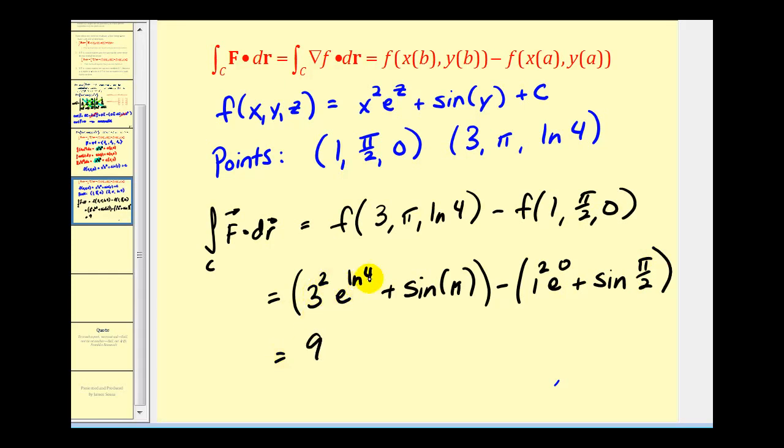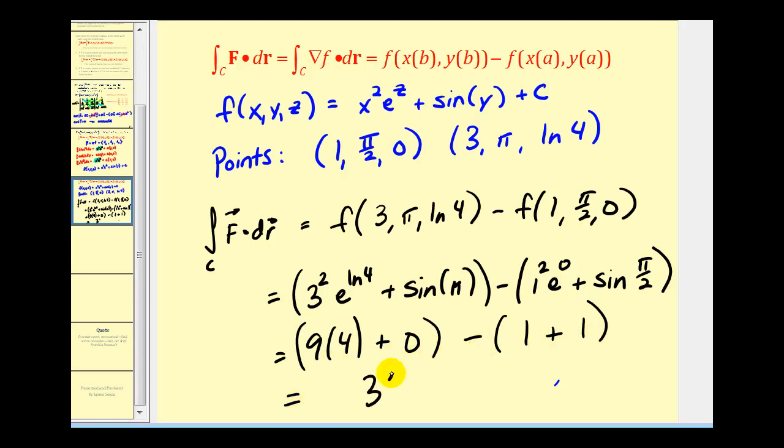E raised to the power of natural log 4 is equal to 4, plus the sine of pi is going to be equal to 0, minus 1 squared is 1, e to the 0 is 1, so we have 1, plus sine of pi over 2 is also equal to 1. So we have 36 minus 2, which gives us 34.